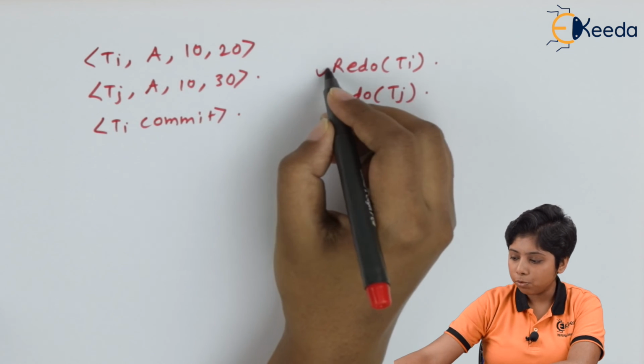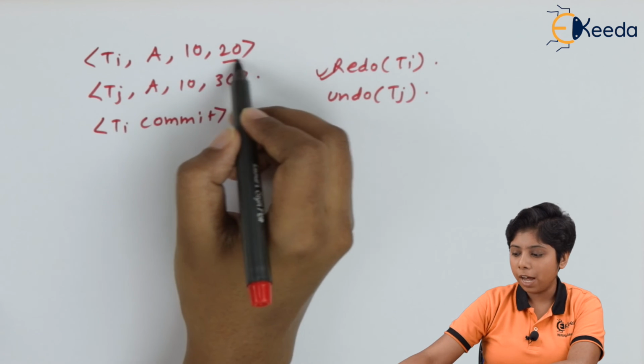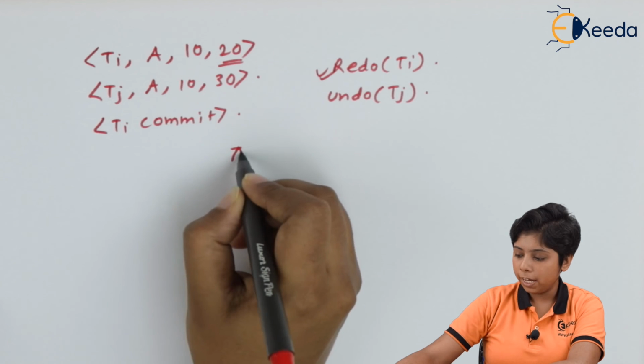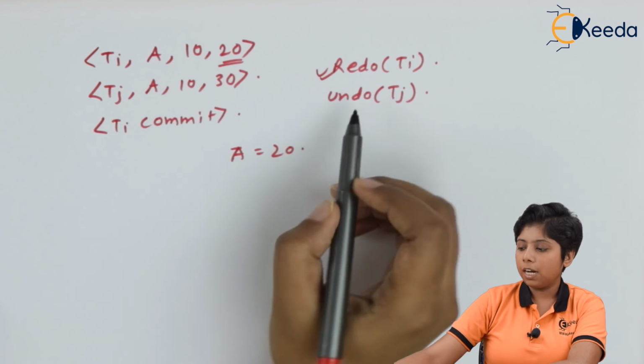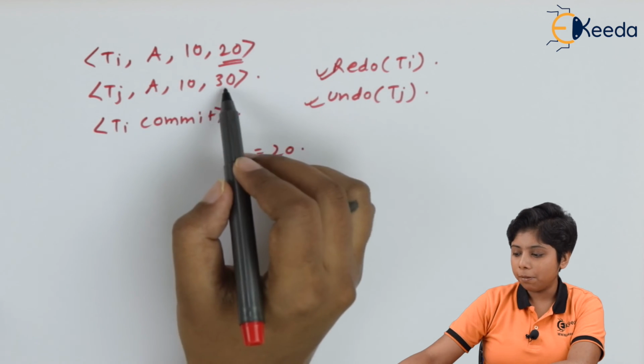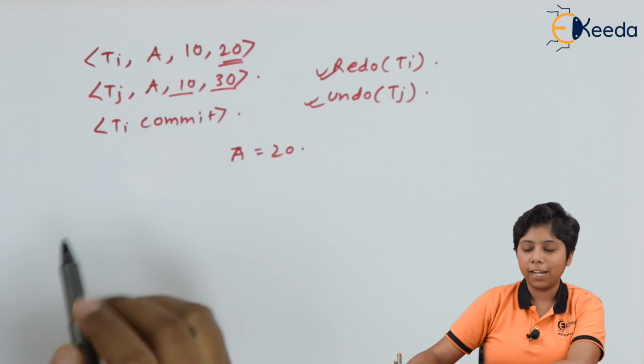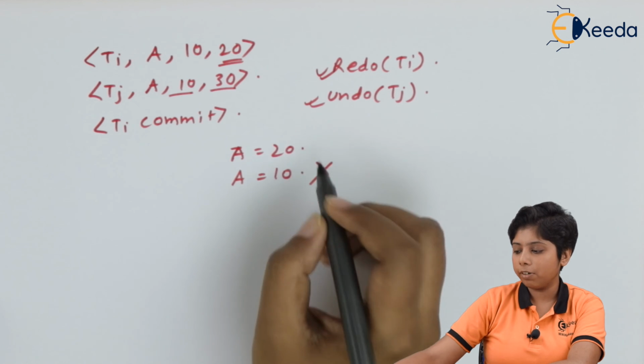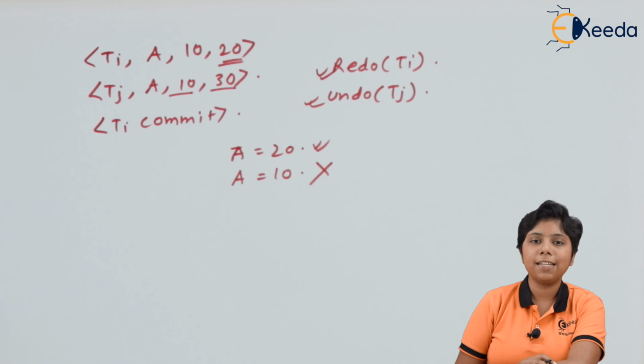If we perform the redo on Ti, we have 20 as the result, so A is 20. Now we undo Tj, which means the value 30 goes back to 10. So A is 10 now, which is an incorrect result, because we lose the effect of Ti, which made A 20.